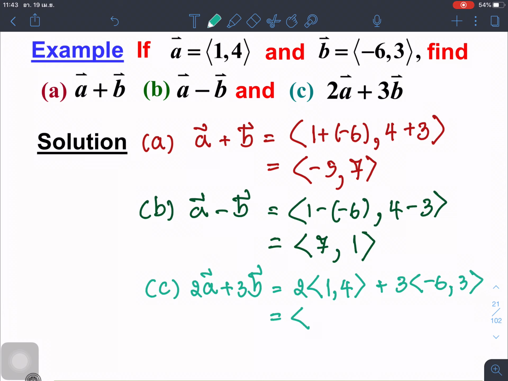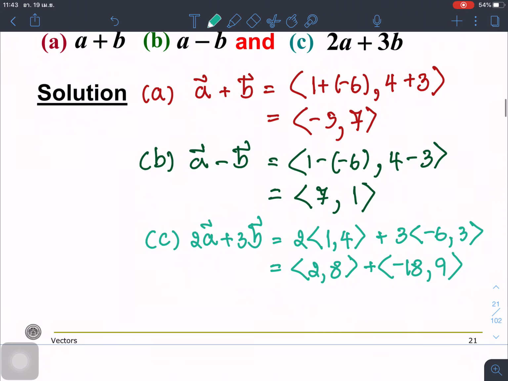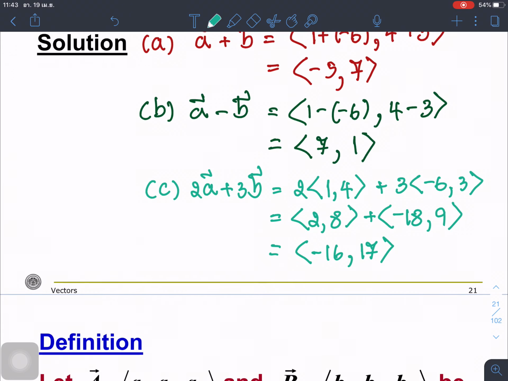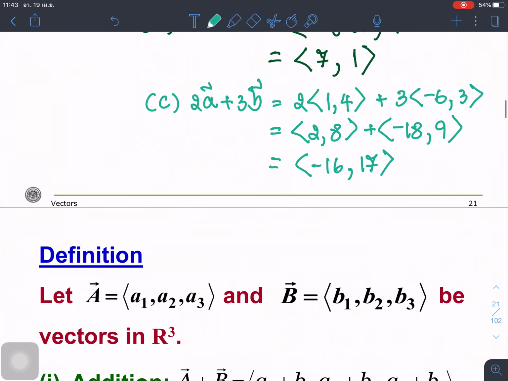So we get 2 and 8, and this one is negative 18 and 9. You add them up. You get 2 minus 18, you get negative 16, and 8 plus 9, you get 17. That is for C.